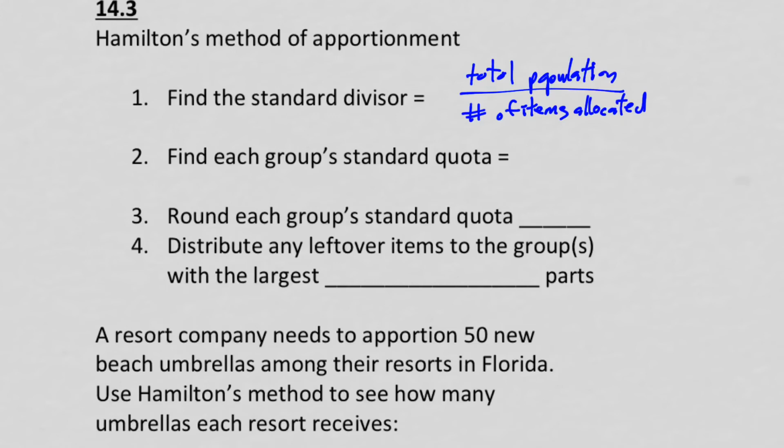Then you want to find the group standard quota. So you're going to take each individual group's number, and then divide it by the standard divisor.